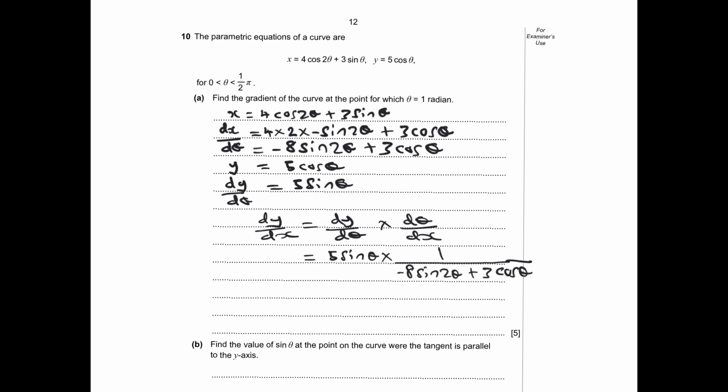All right. Yeah, I noticed something here. We made a mistake here. Remember the derivative of course is negative, so we must have a negative here and there. Now simplified, this will give us 5 sine theta over 8 sine 2 theta minus 3 cos theta.